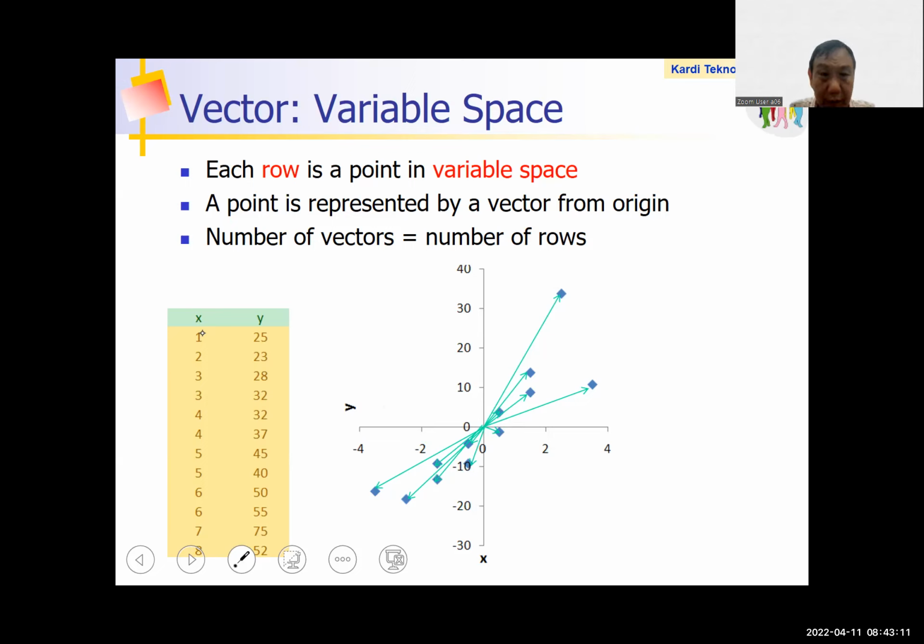So its data point here is actually the row in this data table, and that row can be represented by a vector from the origin to that data point. Remember, this can only happen if you have 0, 0 as the center. That means your data must be centered first.